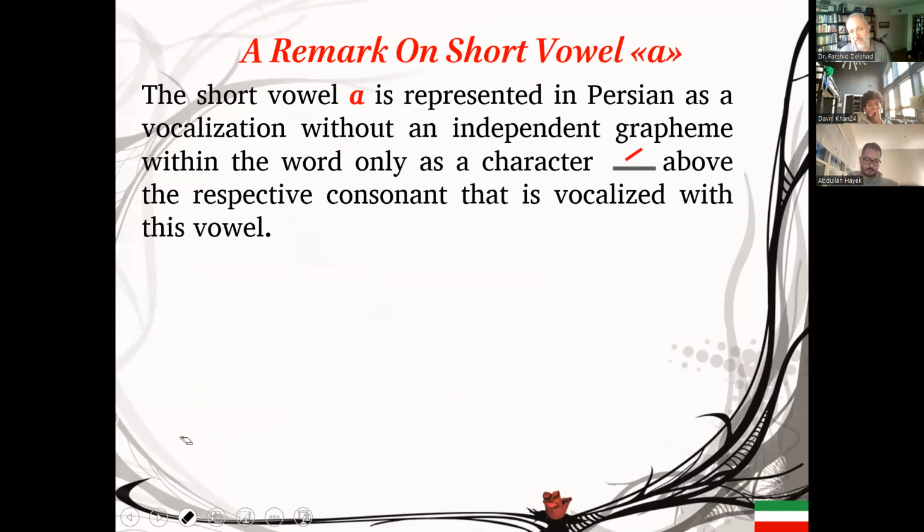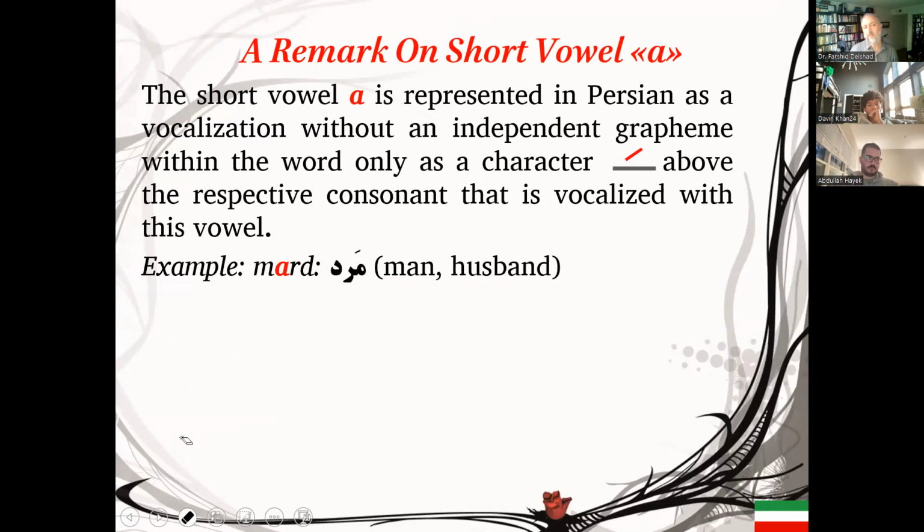It comes at the beginning of the word, in the middle of the word, but never at the end of the word, and that is very, very, very important. For example, look at this word, mard. You have a double consonant at the beginning and at the end, but it would never happen that you would have an A at the end.